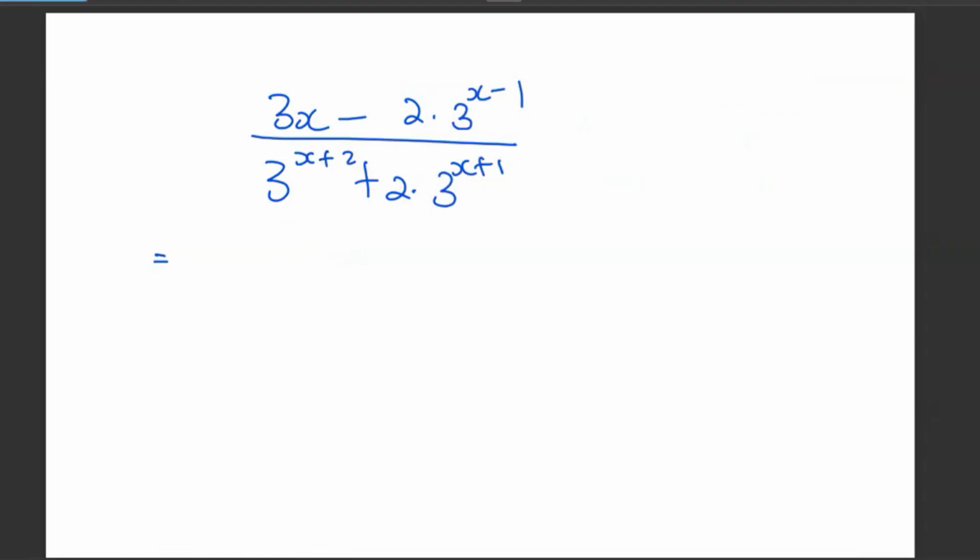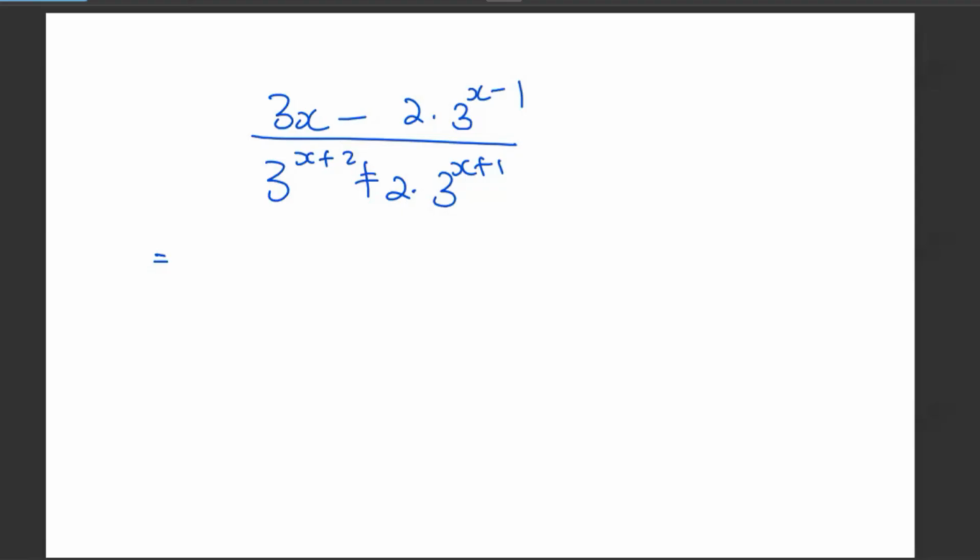So what we normally do is that whenever we have exponents that have a negative or plus sign in between the terms, we need to do what we call factorization.